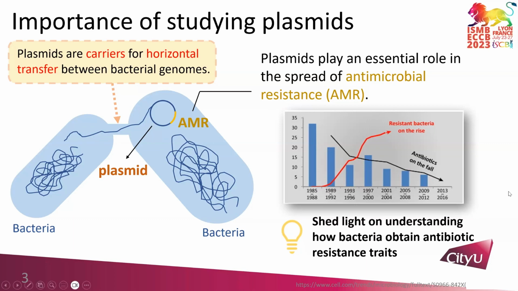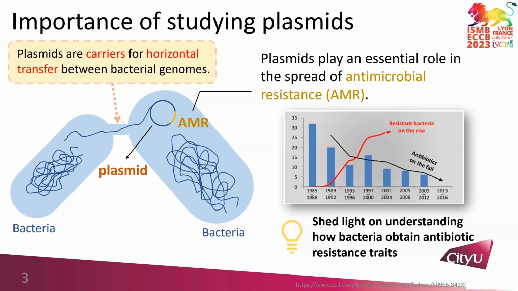Here is a diagram showing the rise of resistant bacteria, and we can see that from 1985 to 2013, there are many resistant bacteria. So studying plasmids can shed light on understanding how bacteria obtain these AMR genes and how they transfer between different bacteria.